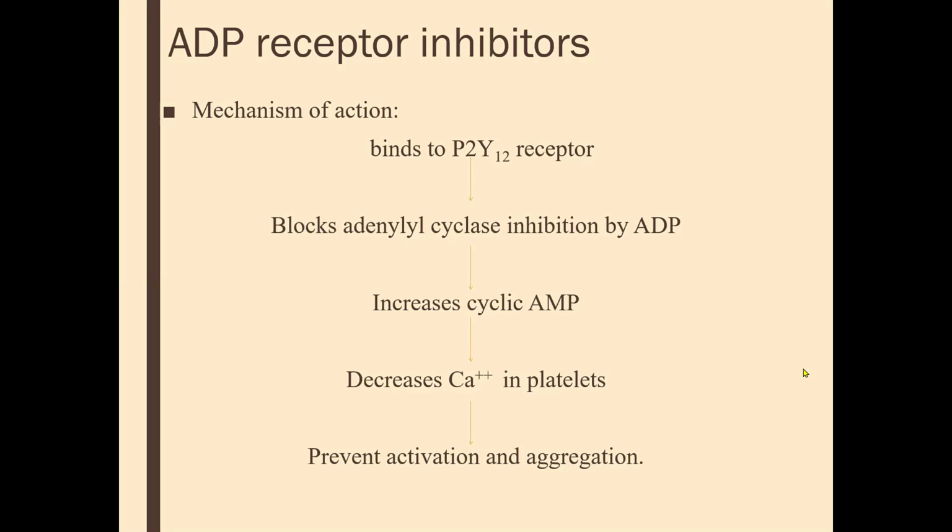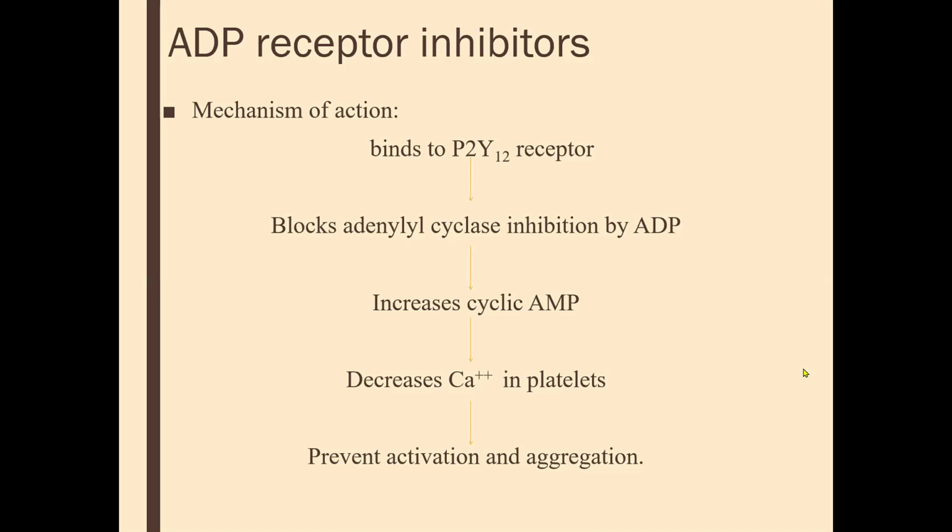ADP inhibits the adenylyl cyclase, right? And when adenylyl cyclase is inhibited, cAMP will decrease, and if cAMP decreases, calcium will increase, and that will help in release of the aggregator mediators. Now these drugs bind to the receptor to which ADP binds.